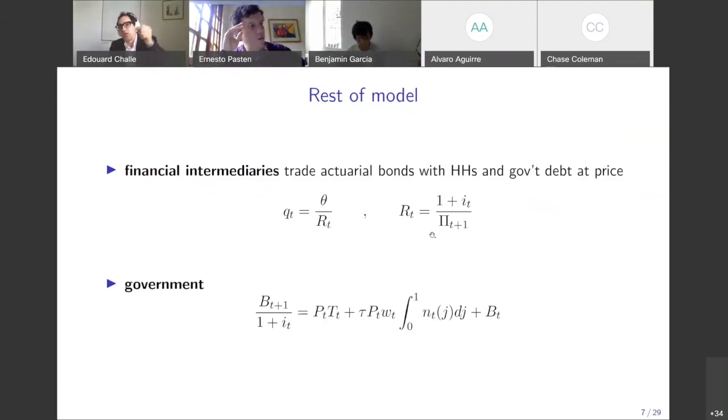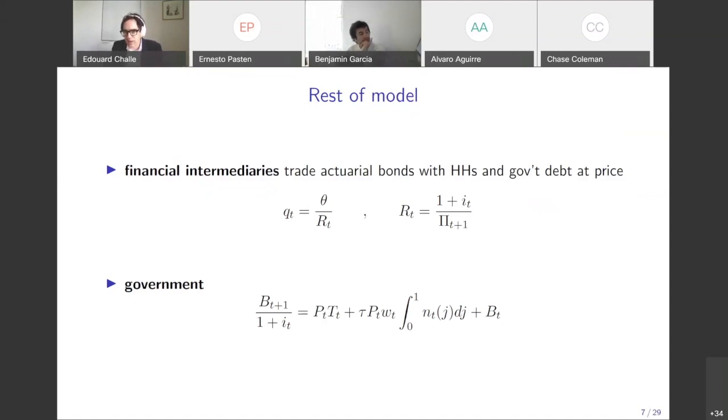But here you're going to get a return that is slightly higher, but your wealth will be seized upon death. And the other way around, if you're a debtor, you're going to be paying a slightly higher interest rate on your debt, but your debt is forgiven when you die. This is the standard assumption people make when using the Blanchard-Yaari model, and we're not departing here. And below is the government budget constraint.